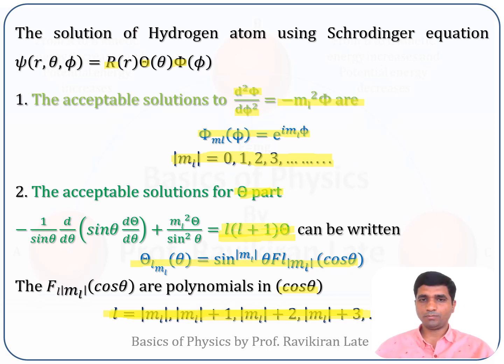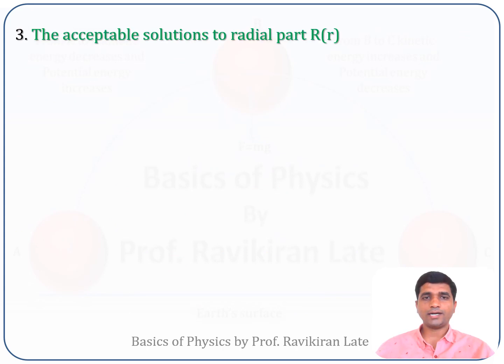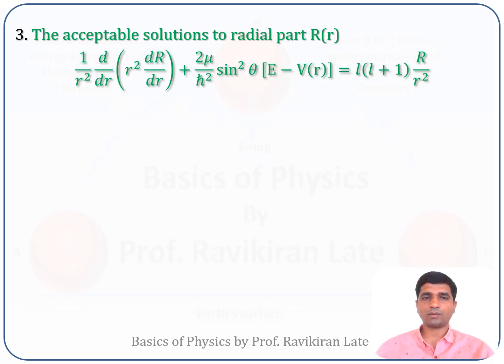So from this one you can say that the phi part imposes a condition on ml, the theta part imposes a condition on L. So now we will see in the next slide what is the solution of the radial part. If you solve the radial part, which is nothing but the 1 upon r square, this equation is given over here.